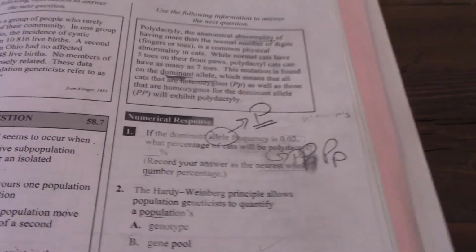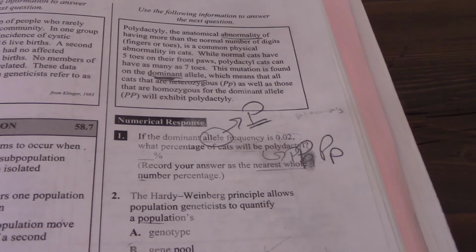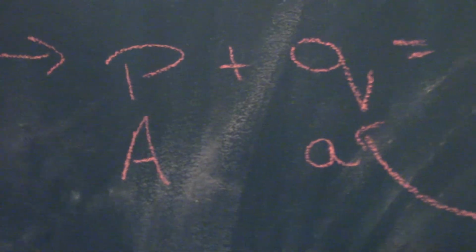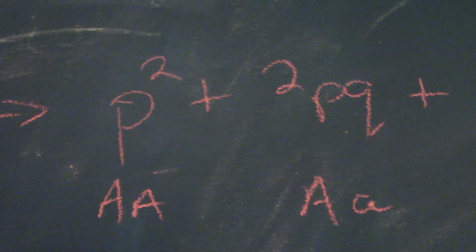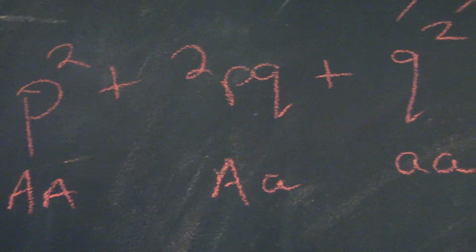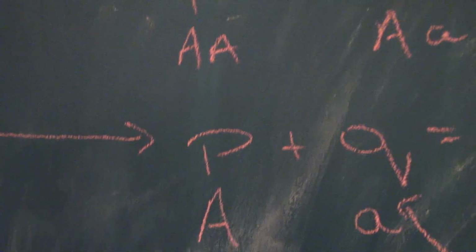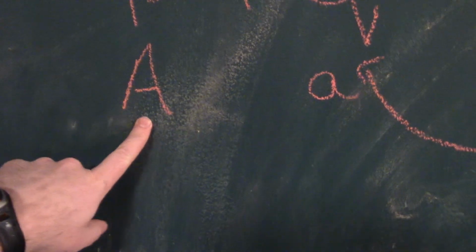I said the most important thing about Hardy-Weinberg is understanding what's being given. The question says the allele frequency. Now don't confuse the P and Q I'm using in the actual question, because I'm just using big P and little p because we have polydactyly. The alleles are interchangeable.